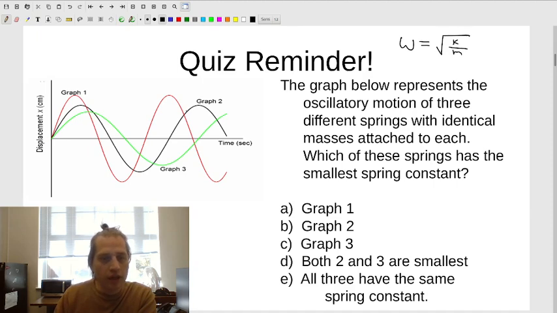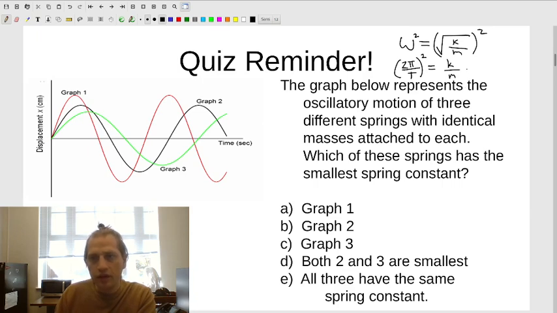Okay, can I look at this graph and get what omega is? Kind of. Remember, omega is 2 pi times the frequency, or 2 pi over the period. So if we square both sides, we get 2 pi over the period squared equals k over m.